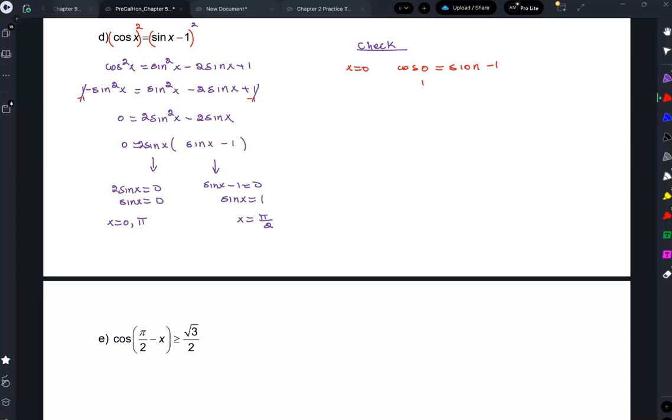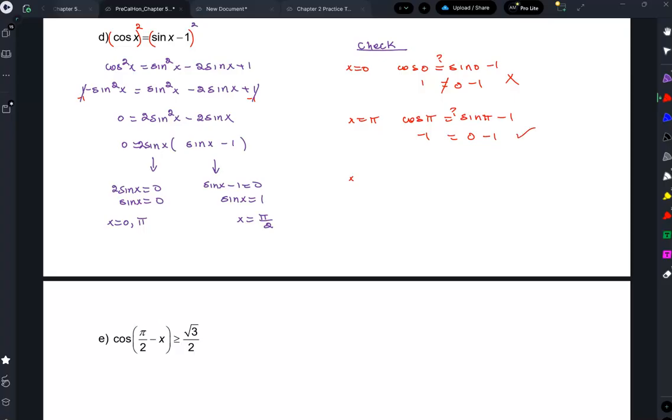Cosine of 0 is 1, equal to 0 minus 1, and that clearly doesn't work. Then let me do x equals pi. So cosine of pi, is this equal to sine of pi minus 1? Cosine at pi is negative 1. Sine of pi is 0, minus 1. Okay, that does work.